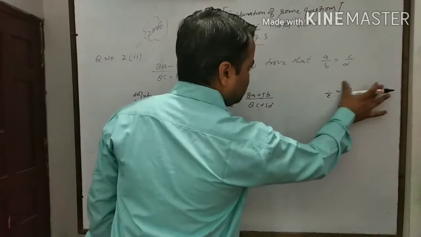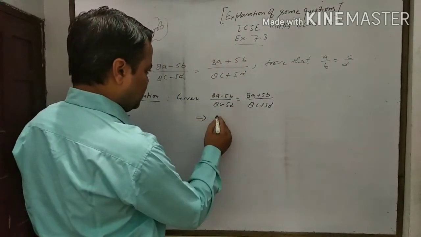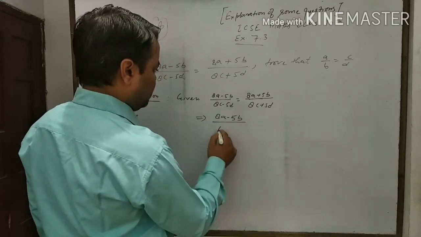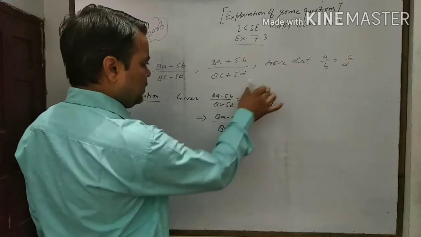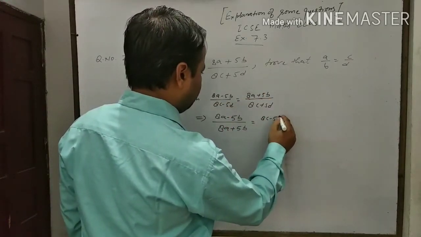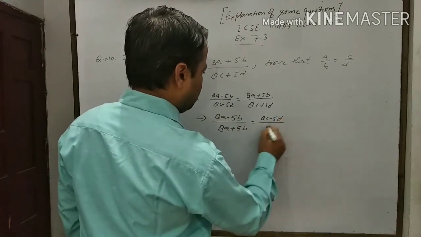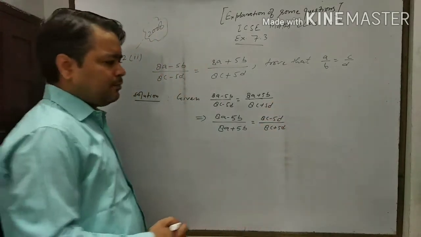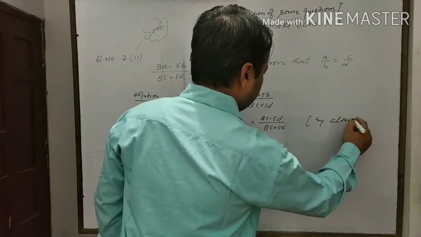It will be (8a minus 5b) upon (8a plus 5b) is equal to (8c minus 5d) upon (8c plus 5d), by alternando.